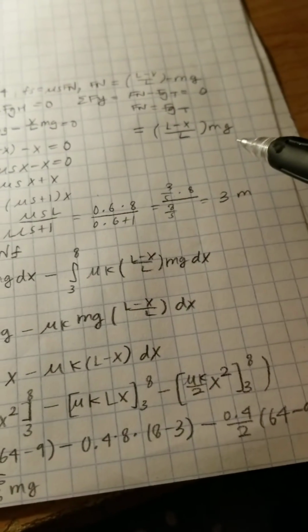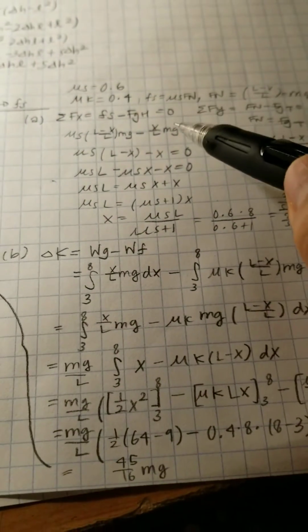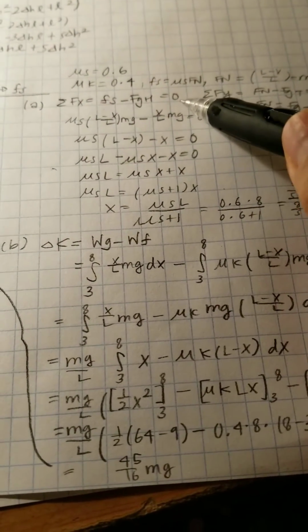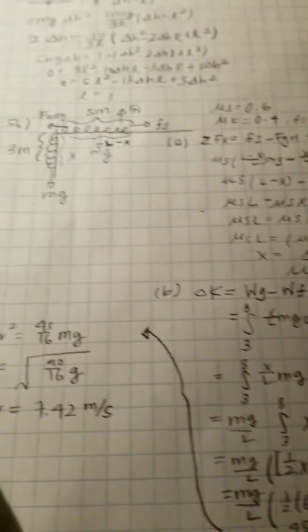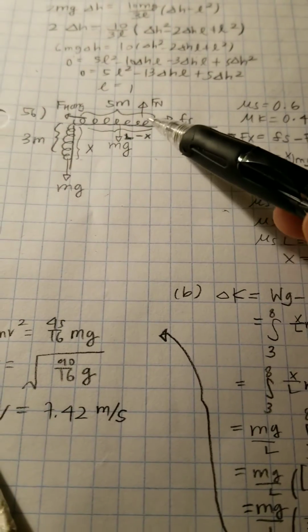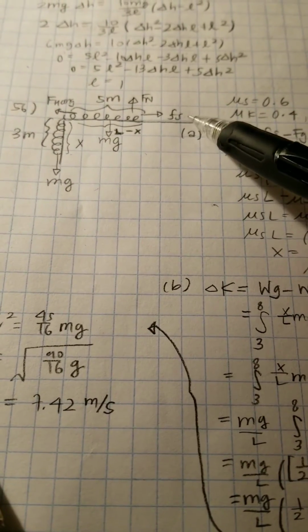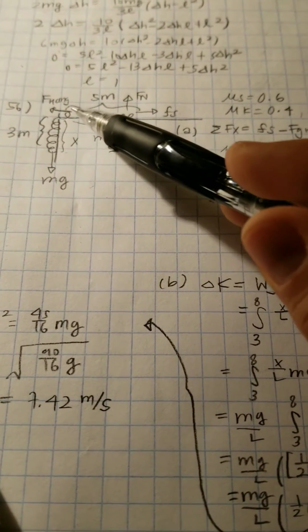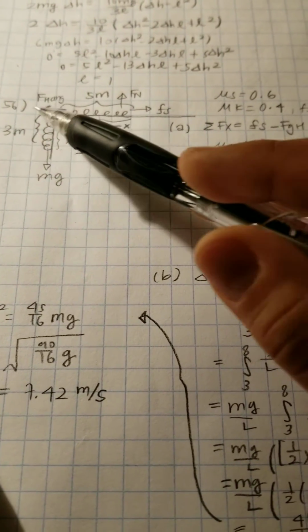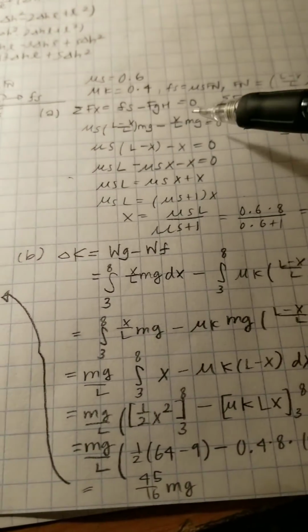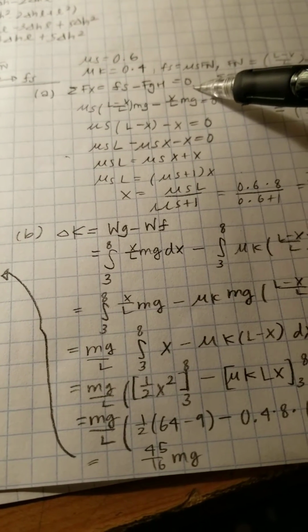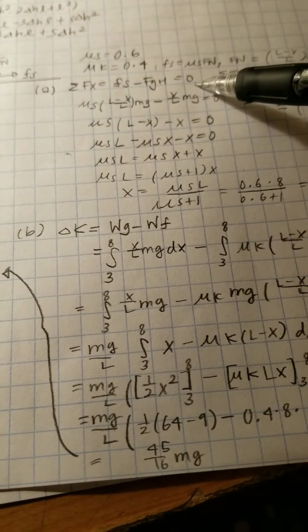Now you can go back to the forces in the x direction. There's going to be static friction pointing to the right, and the force of the hanging part of the chain is going to be facing the other way. So the force of static friction minus the hanging force is equal to 0.